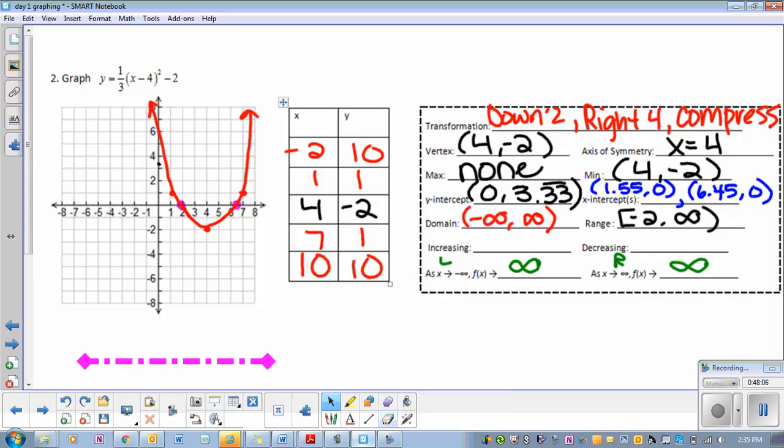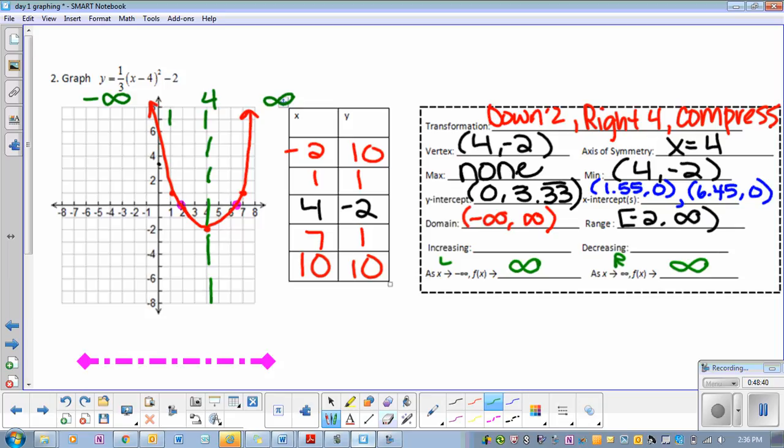Alright, so now the increasing and decreasing. Guys, what was the axis of symmetry? X equals what? 4. Basically where my vertex is, right? So that's at 4. I have an arrow on the left. Where is that going? Left, negative infinity. To the right? What is it doing from negative infinity to 4?